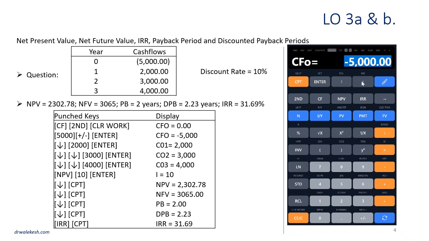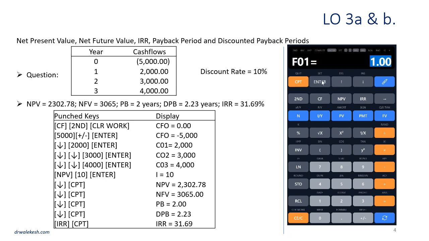The next step is to press arrow down. This is cash flow in year one. Cash flow in year one from this question is 2,000. So I'll press 2,000, then enter to log that in, then arrow down again. This is frequency. The 2,000 appears just once, so I do not have to change this.